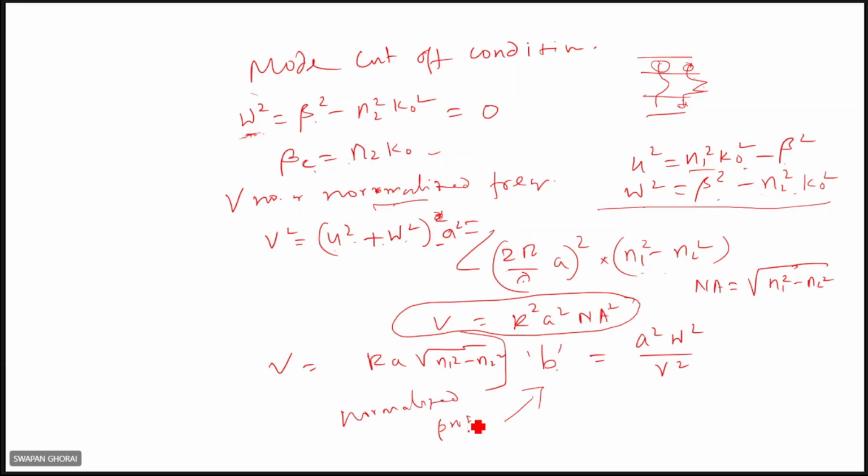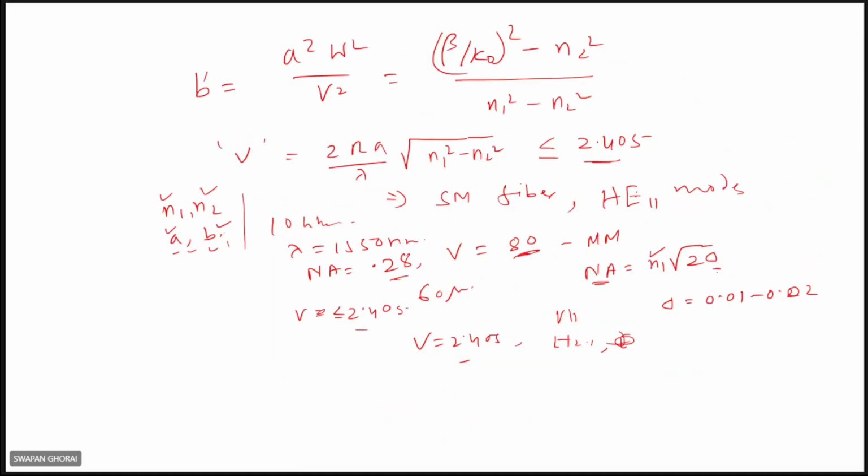By definition B equals a square W square by V square. If you substitute W square, which is beta square minus n2 square k0 square, then what will we get?